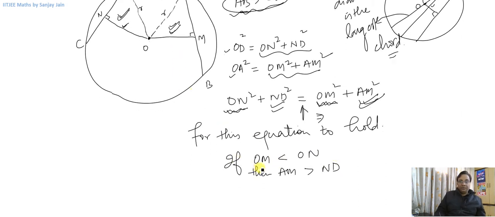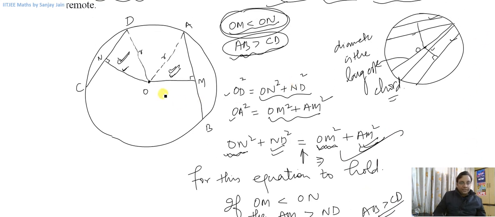AM is half of chord AB. And what is ND? ND is half of chord CD. So I can say AB should be greater than CD for this equality to hold. So this is a simple analysis using the Pythagoras theorem.